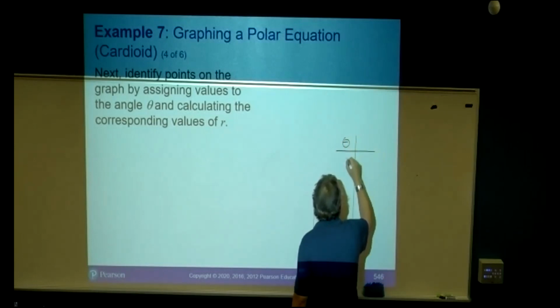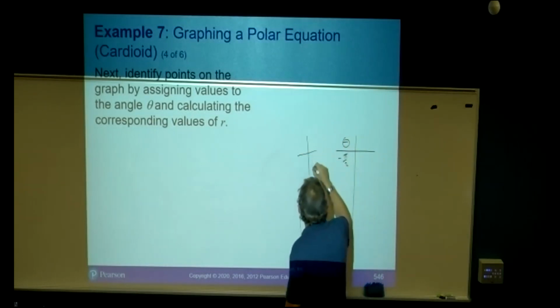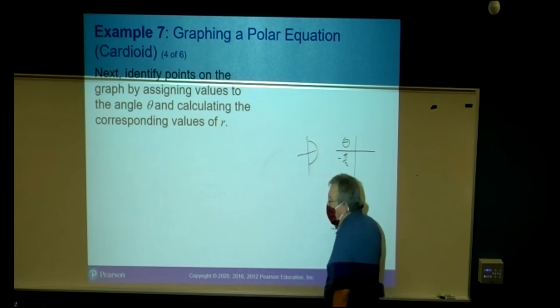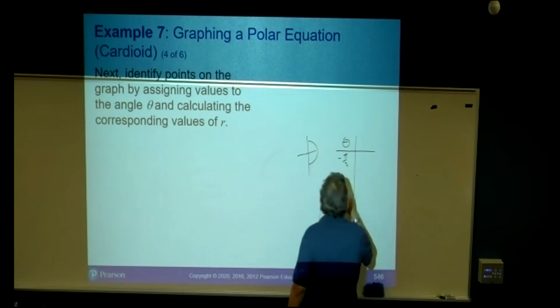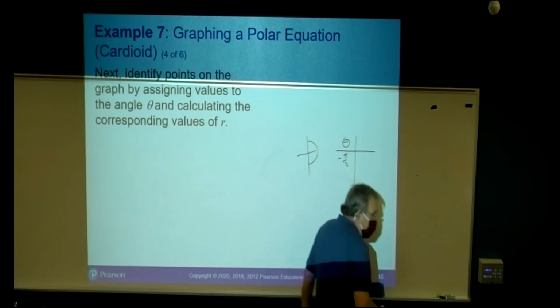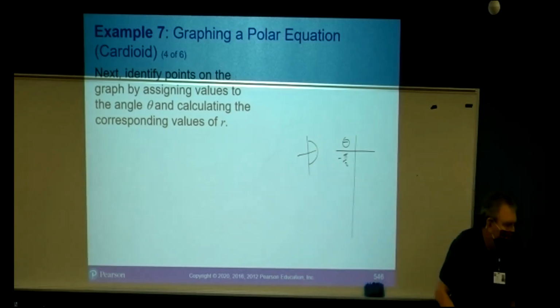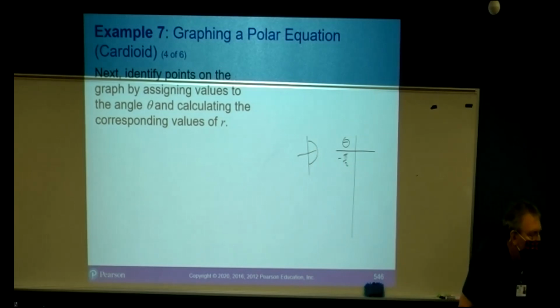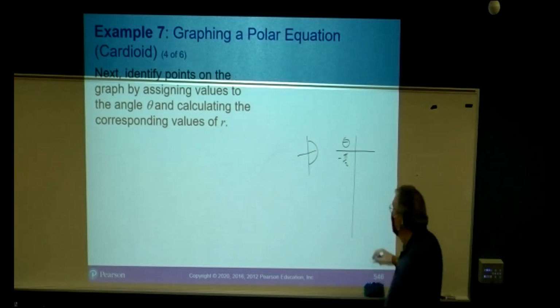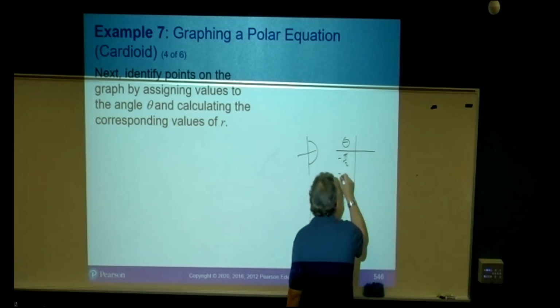So we have theta, and I'm going to start at negative pi because I only need to do this side of the circle. So negative pi. Let's see what angles they're using. Oh, I see. So they're not even going to do the 45-degree angle.